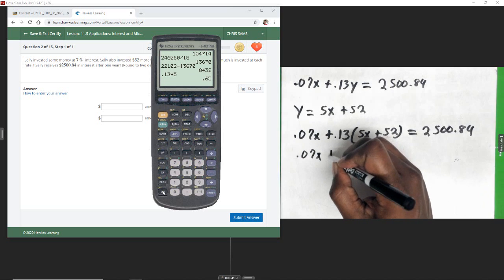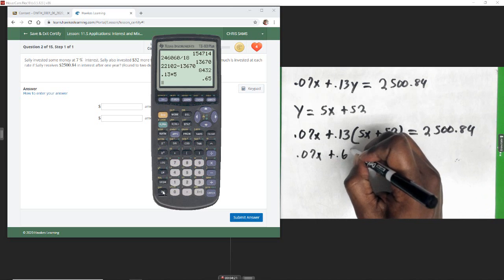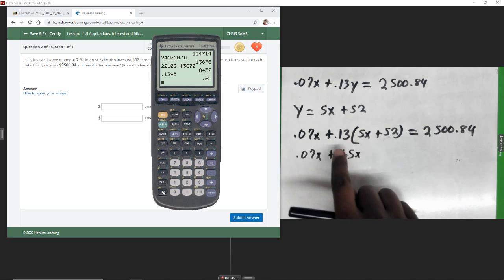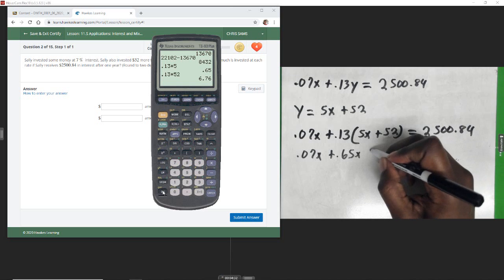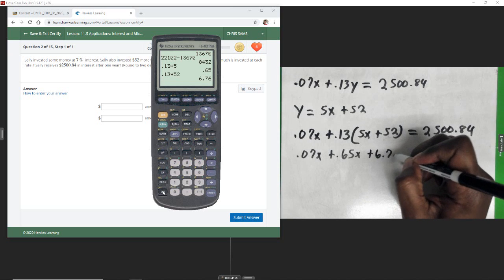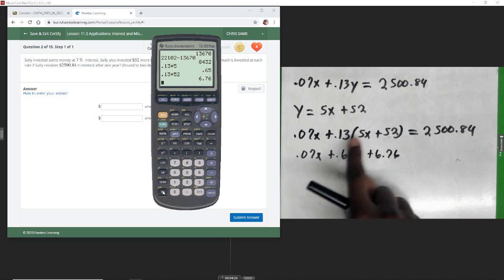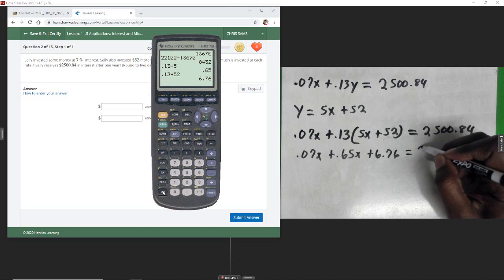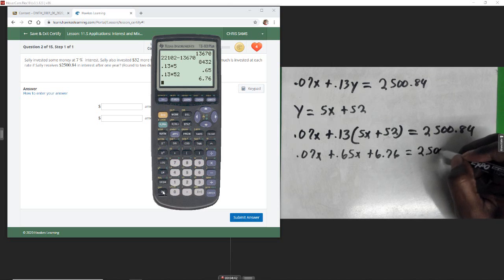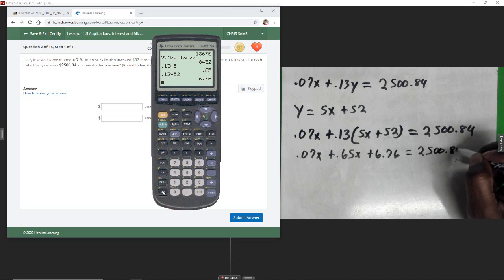So we got 0.07x plus 0.65x. And then 0.13 times 52 gives us 6.76. So we just distributed the 0.13 to both of those. And then that equals 2,584.